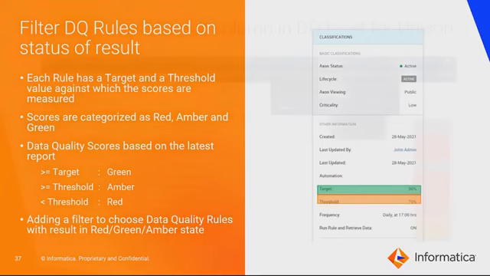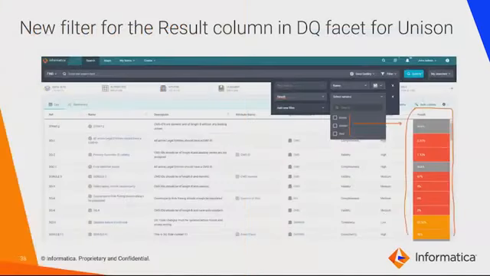The new filter capability called result is added to the data quality, and you can select either the data quality scores which are in green, amber, or red. This helps to know which are the rules which have lesser scores, where the stakeholders have to take care of it to enhance the data quality.